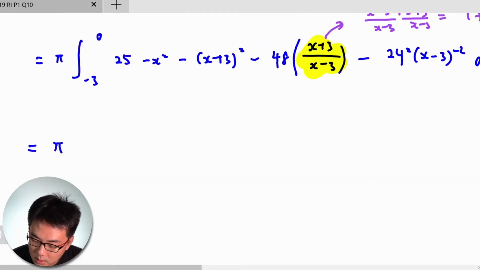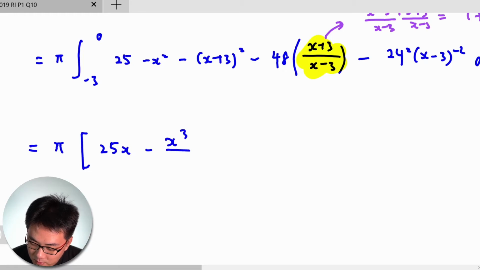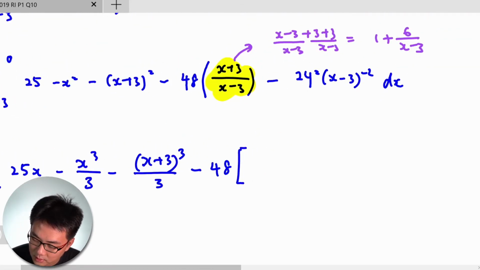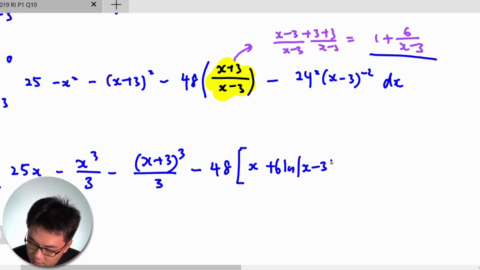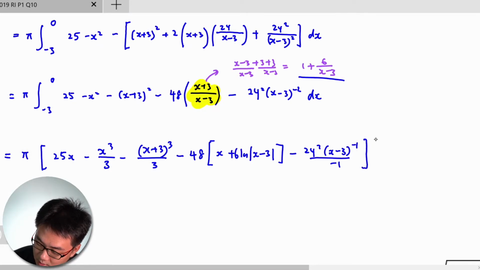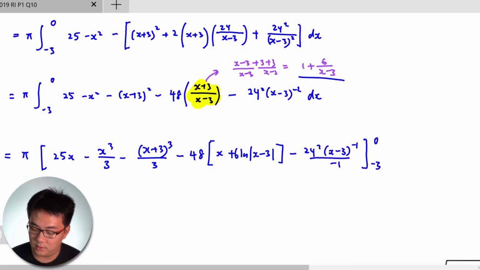So this is pi. I'm going to integrate it: 25x minus x cubed over 3 minus x plus 3 cubed over 3 minus 48 times x plus 6 ln of x minus 3, and then minus 24 squared times x minus 3 to the power of minus 1 over minus 1. Everything is integrated from minus 3 to 0.